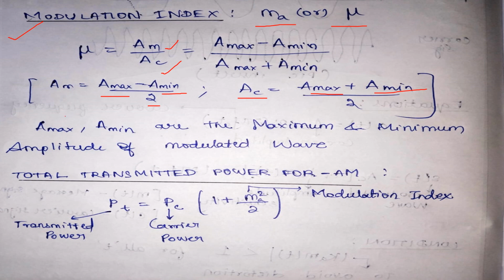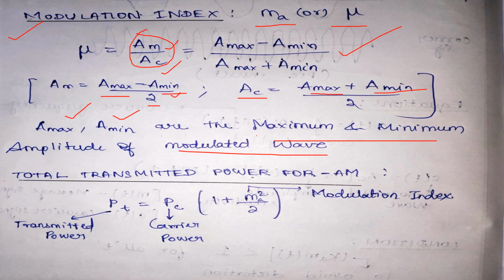Here the A max A min represents the maximum and minimum amplitude of the modulated wave. So while substituting these AM and AC value here, we could able to obtain this equation, that is A max minus A min divided by A max plus A min.